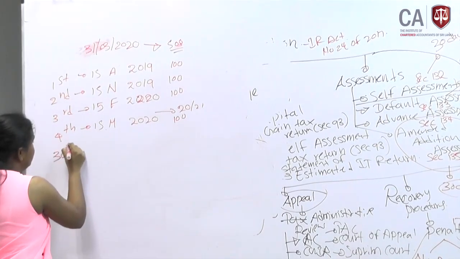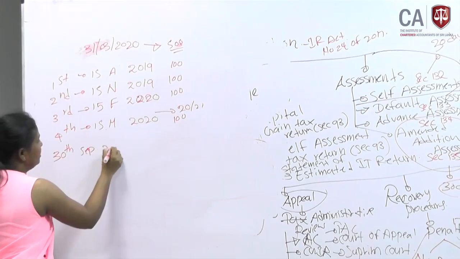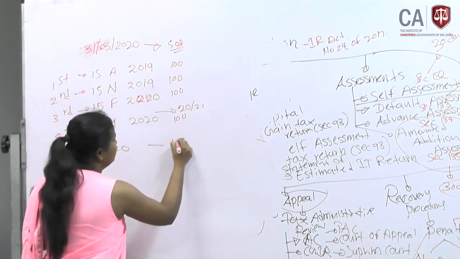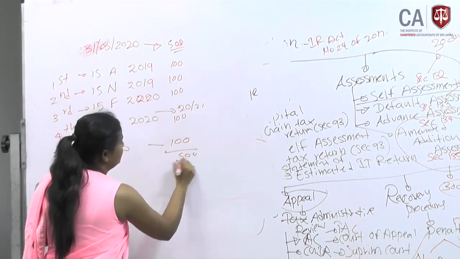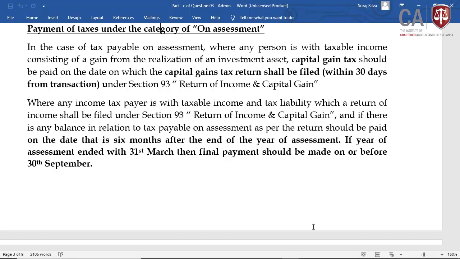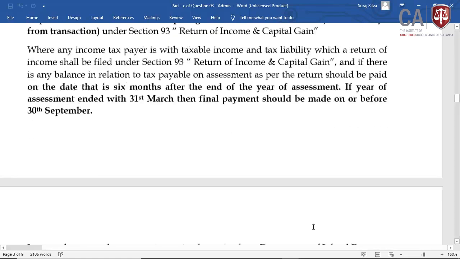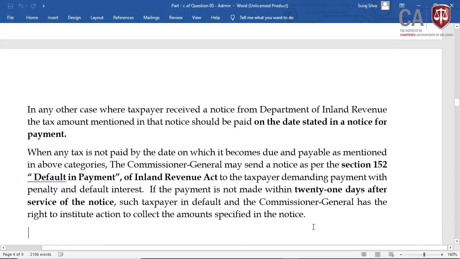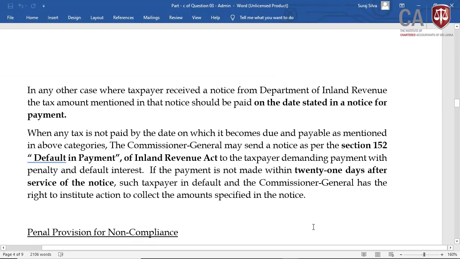On or before 30th September 2020, 500,000 done. That's explained in the second paragraph. Then what are the penal provisions and another explanation.